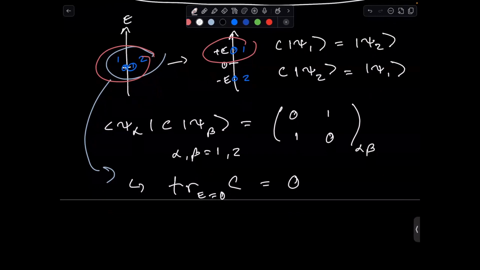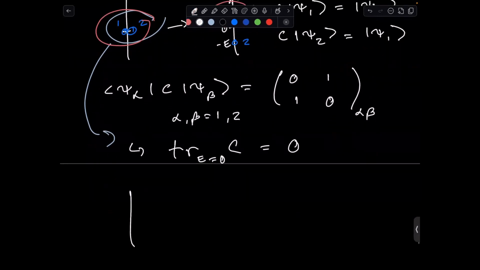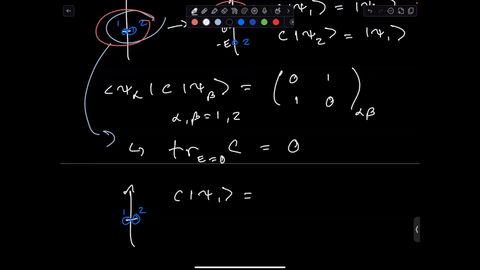Okay, but that means that in the other situation where we have two zero modes, 1 and 2 that satisfy this eigenvalue equation from before, C psi 1 is equal to, for example, plus psi 1, or C psi 2 is equal to plus psi 2.